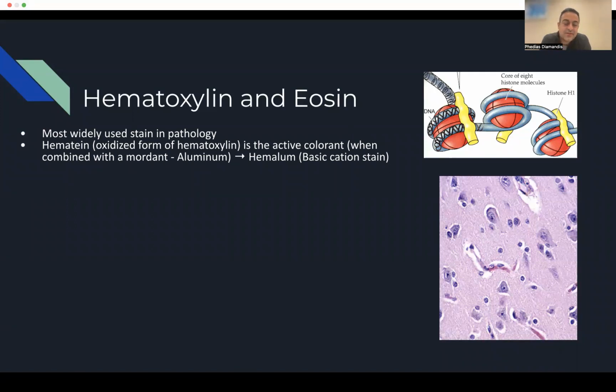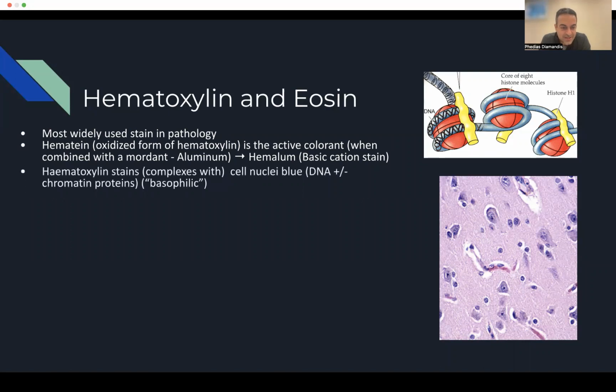This is what we see under the microscope, and it's usually combined with what's called a mordant or aluminum to help make it into a cationic structure that will allow it to react with the basophilic structures of the tissue. So that cation is hematin, and so that is what is staining the tissue, not hematoxylin per se.